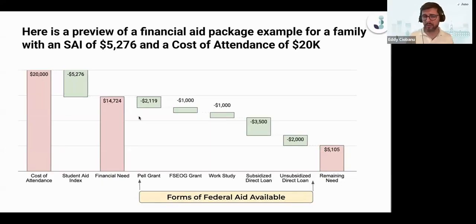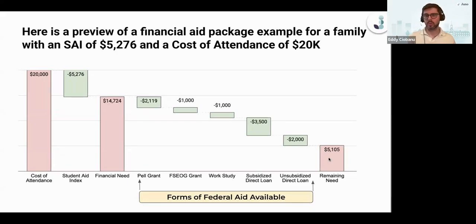Work study can vary as well. So again, we mentioned it could be $1,000, it could be $4,000. So how much is a student going to be expected to work on campus? So be mindful about how much these different amounts end up being, and how a total need is met. So then the remaining amount, this 5,000 that you see now, is figuring out how to pay for that.